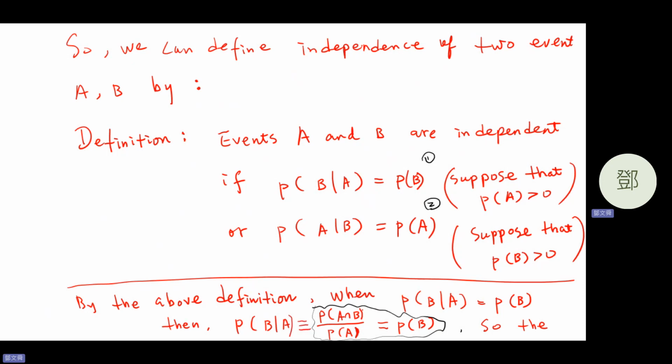But if you use this definition, you have to suppose that the probability of A is positive. In this case, you have to suppose that the probability of B is positive. Okay, so we have two different ways to see if A and B are independent.